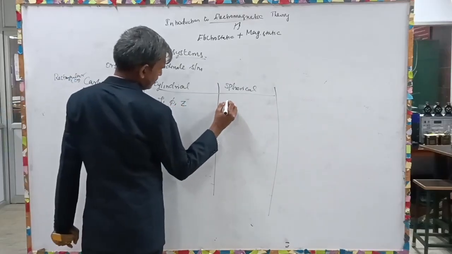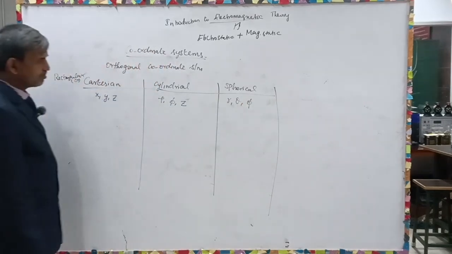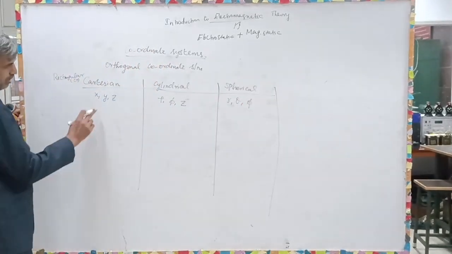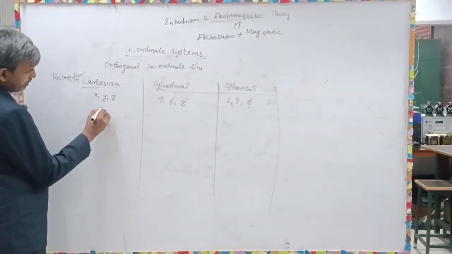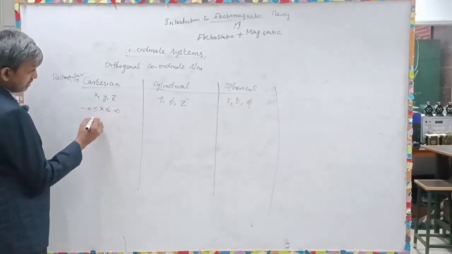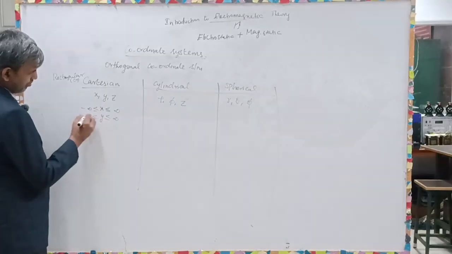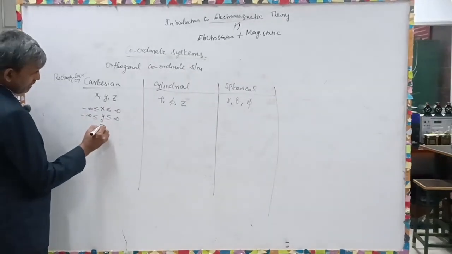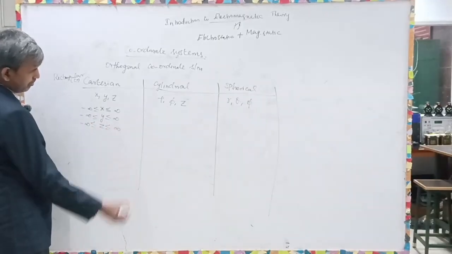For spherical system, r, theta, phi. Here x will be varied from minus infinity to plus infinity. Similarly, y and z will be varied from minus infinity to plus infinity.